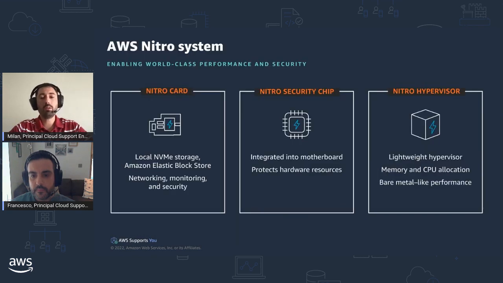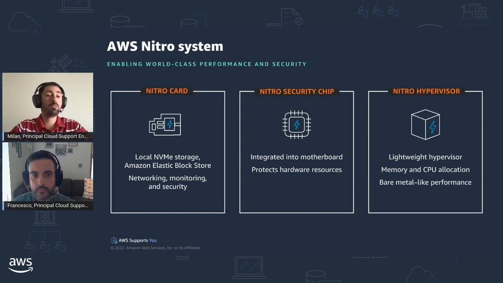So the Nitro system as a whole comprises multiple things. There are different Nitro cards, which enable access to the NVMe storage or EBS storage, as well as the networking, which is going to be the primary focus of our talk today. There is a Nitro security chip, which is an integrated component on every motherboard of the hardware, and it protects the hardware resources.